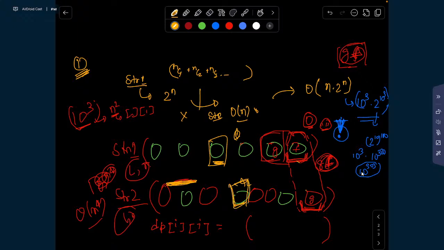So what could that be? That could be like this, basically the region beyond this and the region beyond this.